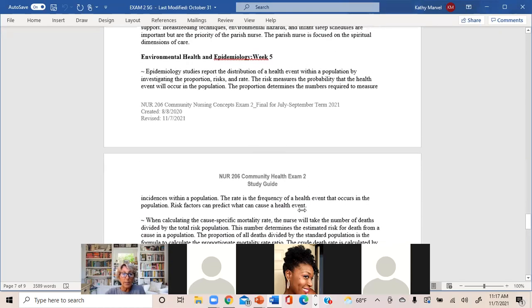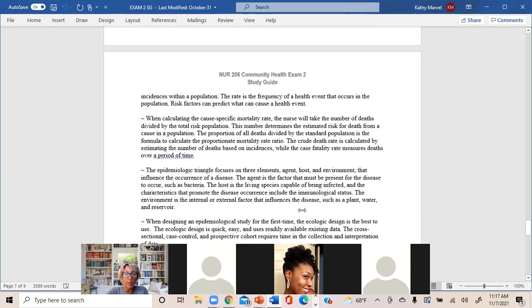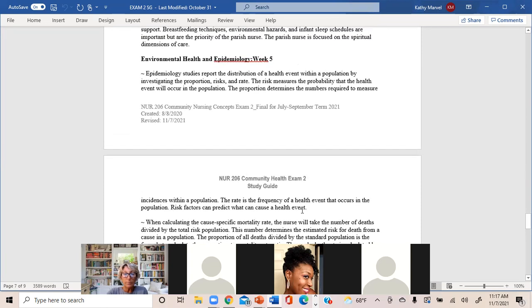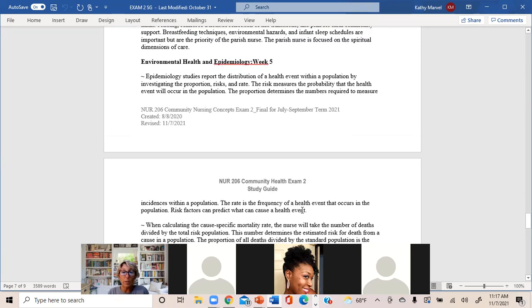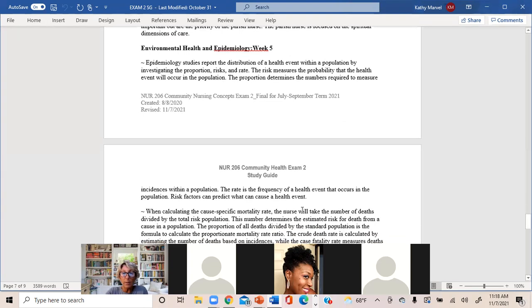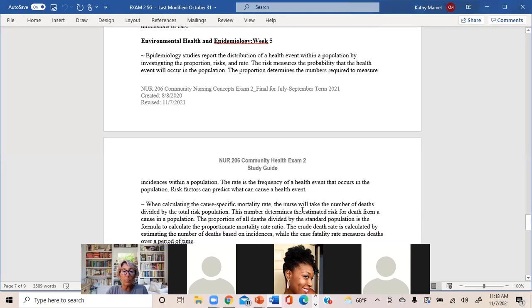Okay, still in week 5, we're back to epidemiology. All right, what is epidemiology? Epidemiology studies report the distribution of a health event within a population by investigating the proportions, risks, and rate. And then it goes through what is. You need to know what a proportion, risk, and rate is.